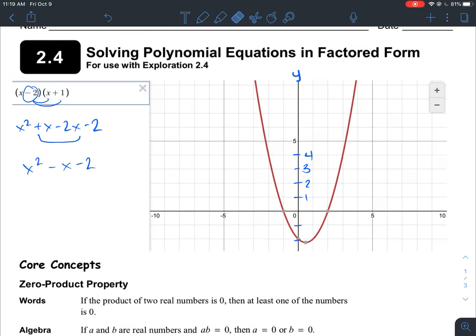So if this is y equals negative 1 and this is y equals 1, then right here, this is y equals 0. This whole line is y equals 0. So notice that the x-axis is the same thing as y equals 0. Okay, I'll bring that up in just a second.